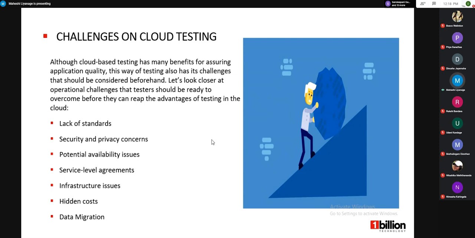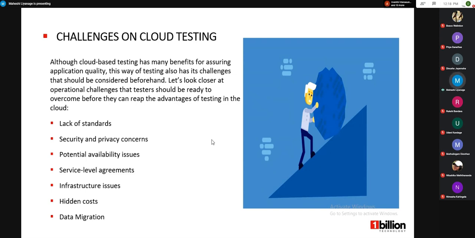Still there are some concerns about the security of the data, because it is stored in a remote location that is beyond the company's legal power. And another thing is that these cloud applications being multi-tenant in nature, as I mentioned, there is a risk of data theft. So that is about security and privacy concerns.